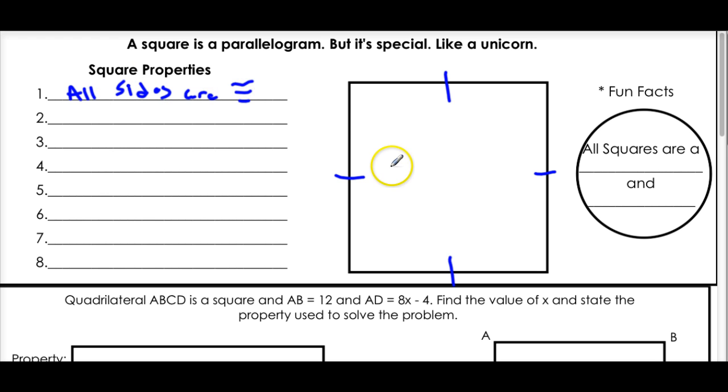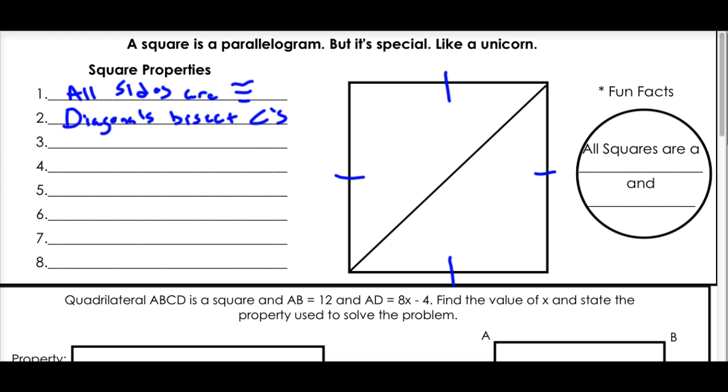So it is a rhombus, all sides are congruent, and that means all the other facts about a rhombus are true. The diagonals bisect the angles. You might remember that for rhombuses, we know that the diagonals bisect the angles. So if I had a diagonal here, it bisects the angles in two, right?